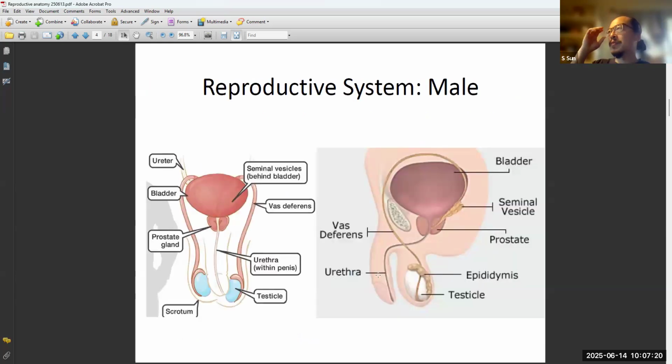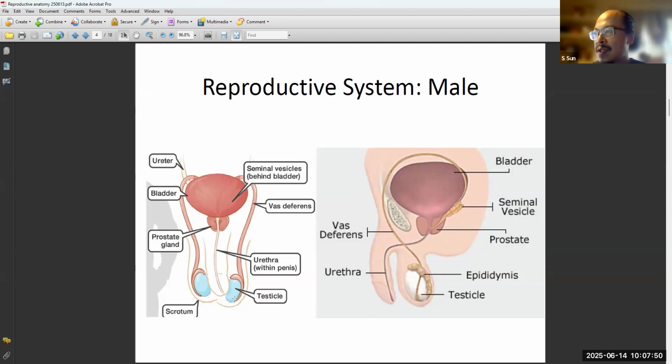So here is the reproductive system in the male. We mentioned the key gonads are the testes or testicles. This is where you have sperm production. Sperm production is called spermatogenesis. It is also a place to produce testosterone, the male sex hormone.